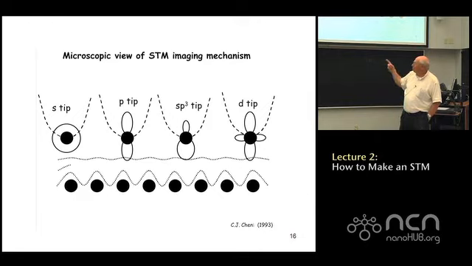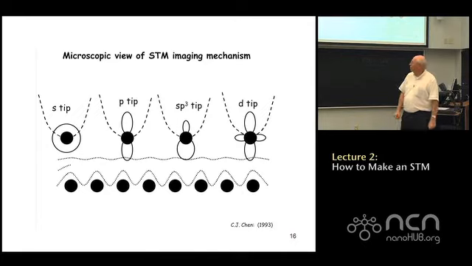So these diagrams are intended to schematically represent the wave functions of electrons that are associated with different electron states in the front atom on an STM tip. And you can see that if you want to obtain high atomic resolution, as you scan that tip over the substrate, you want those wave functions to be protruding as far as possible in the vacuum, right, in a very sharp, focused way.